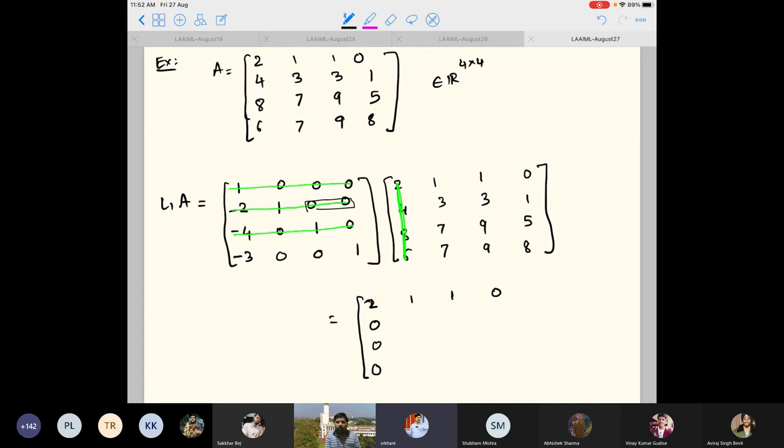First row of L1 is E1 transpose. That means I will not change the first row of the matrix A when I multiply by L1. Are you following the calculation? And the other entries that I get, if you calculate, are the same entries that you would have gotten if you were doing Gaussian elimination.